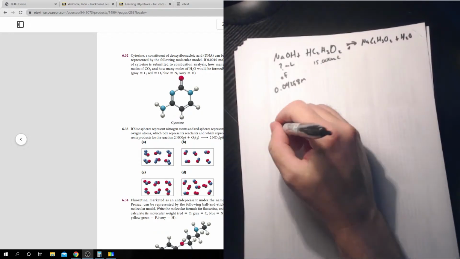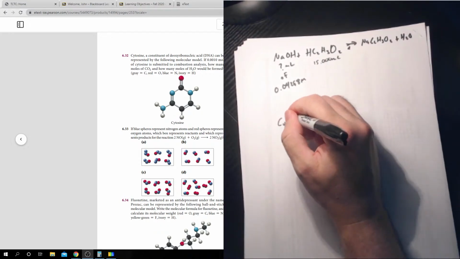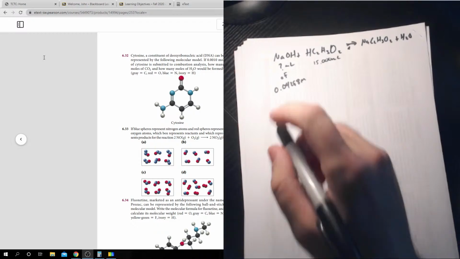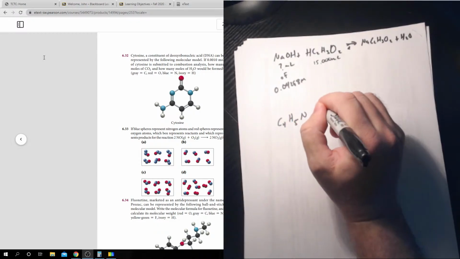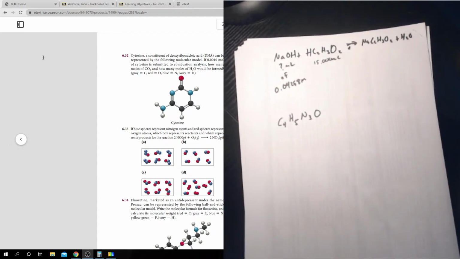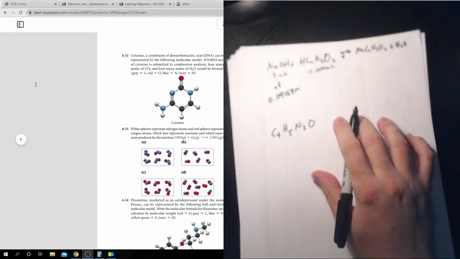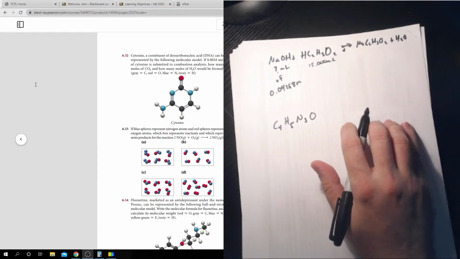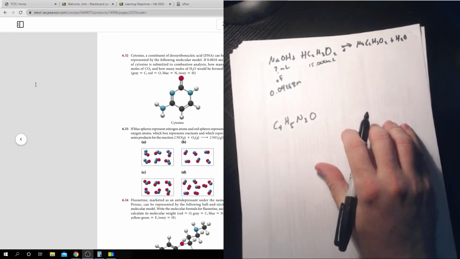So we have C4H5N3O. So that is what we're going to be burning, and we're subjecting it to... Okay, that's inconvenient. What sort of product would we make from the nitrogen, I wonder?